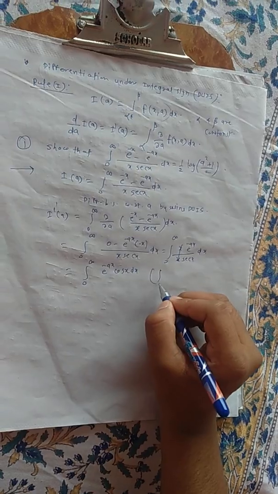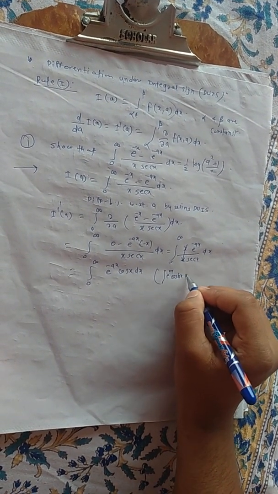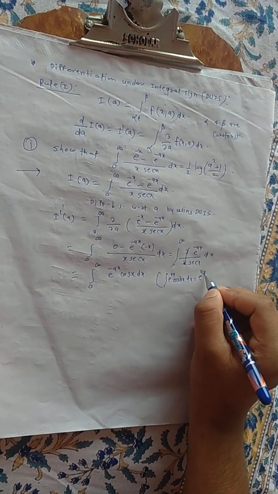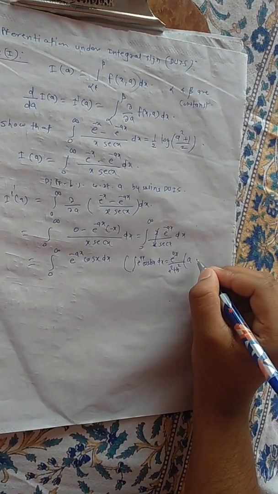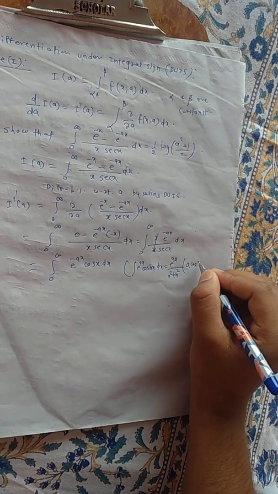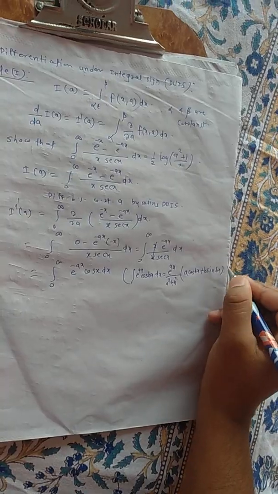We will use this formula: the integral of e raised to ax cos bx dx is equal to e raised to ax upon a square plus b square into (a cos bx plus b sin bx).